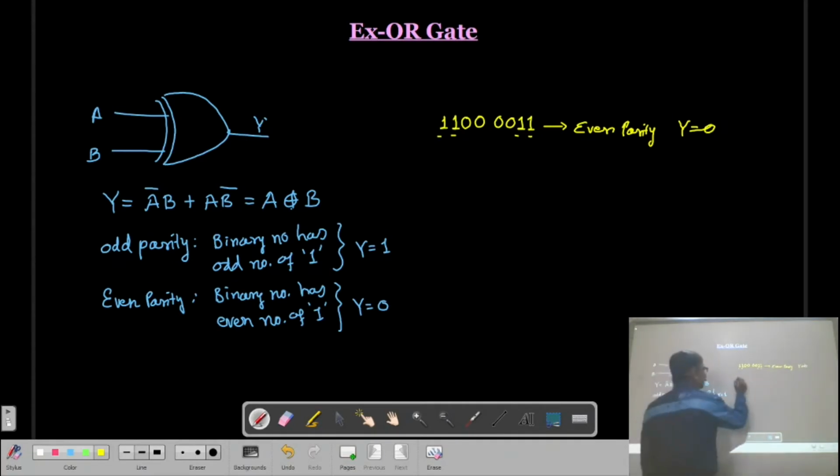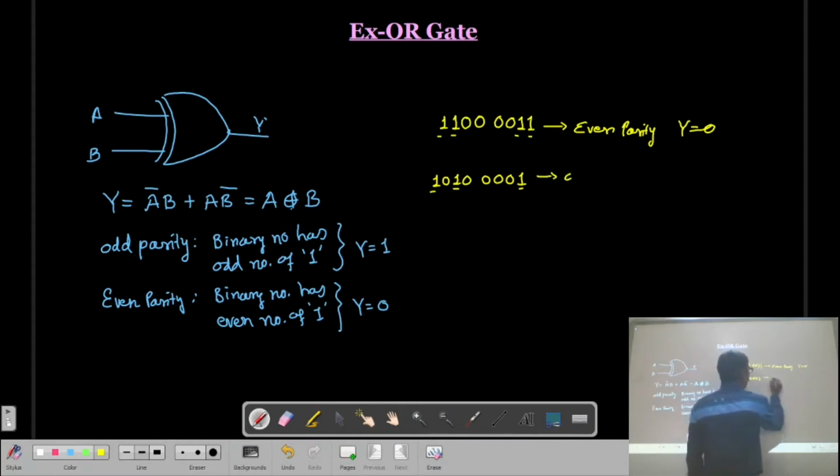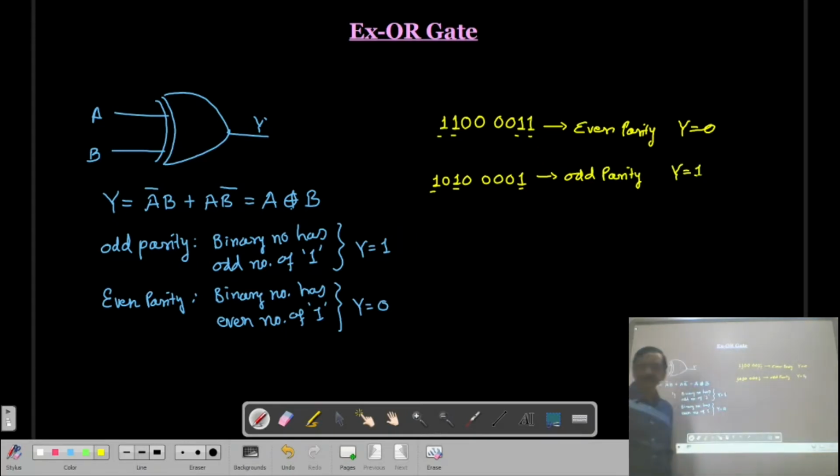Suppose we take another number 1 0 1 0 0 0 0 1. Now in this binary number, if we count the number of high levels: 1, 2 and 3. So this binary number has an odd parity and therefore the output is going to be high.